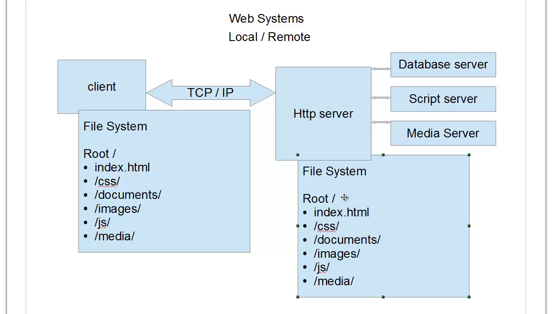The important thing to understand about this is that when you are working on a client, you need to make sure that any files you're going to be using as part of your web system live inside of this root directory. If you are sending out requests that say file:/ and then give a path to somewhere on your laptop, they're not going to be able to find that when people go to the HTTP server.